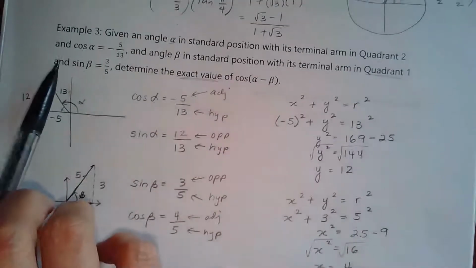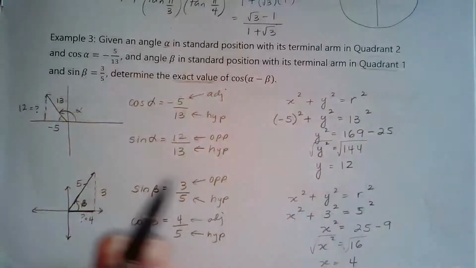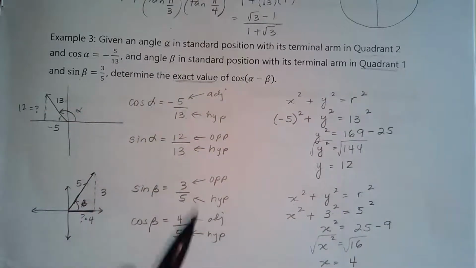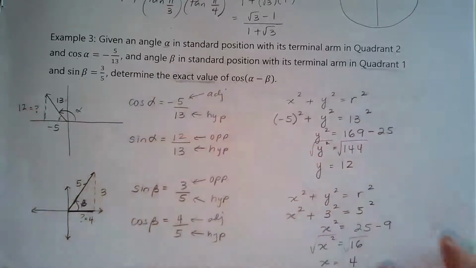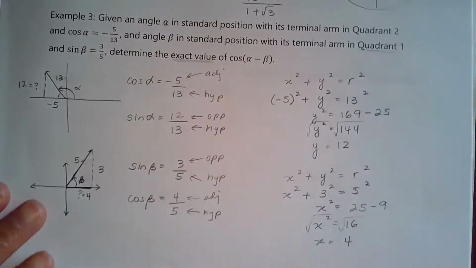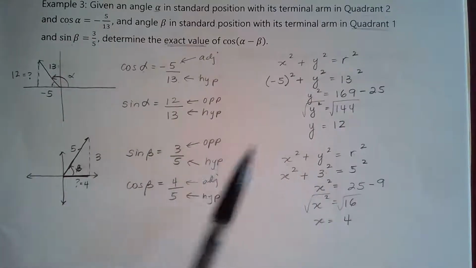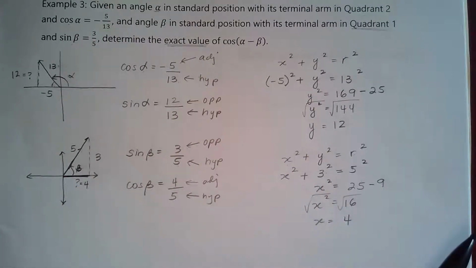So for this example 3, there are a few things that we have to lay down first. We have to take a look at the information, looking for extra information for that. Okay.